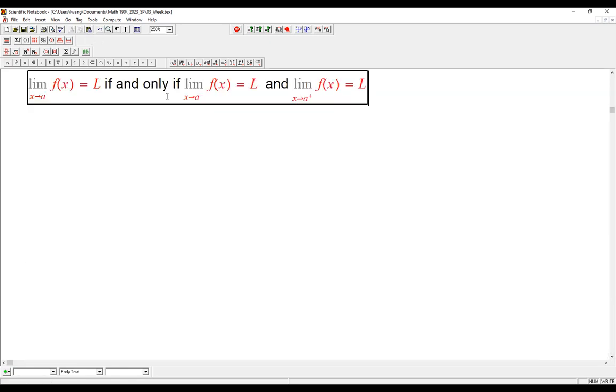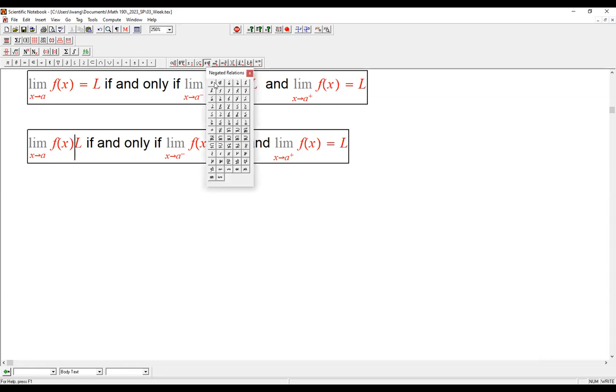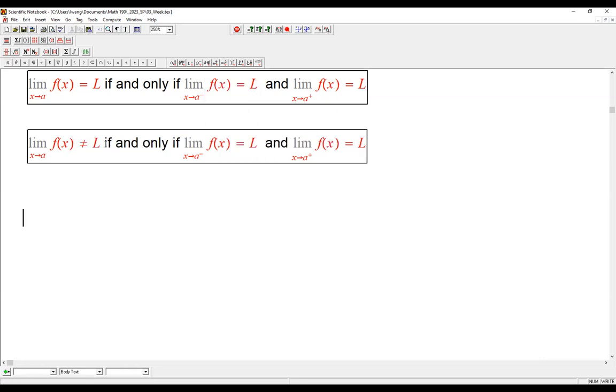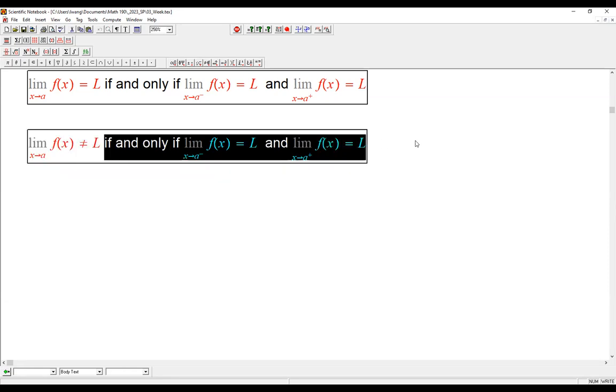What if the limit does not exist? What if this becomes, this we know is true. What if this is not equal? What does that imply? Then this will no longer be true, right?